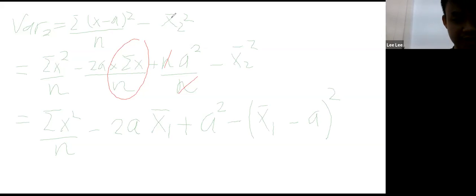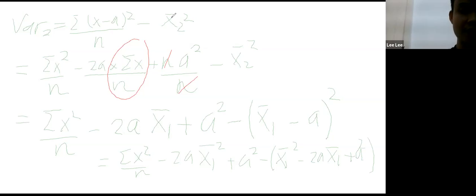Now, I have to expand the bracket. So if I expand the bracket, it gives me x bar 1 square minus 2a x bar 1 plus a square.